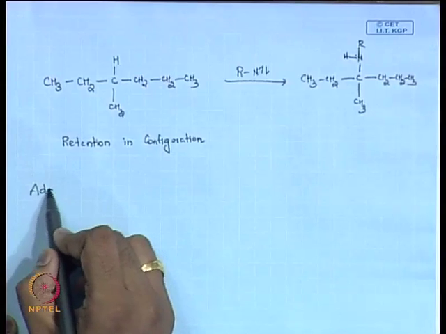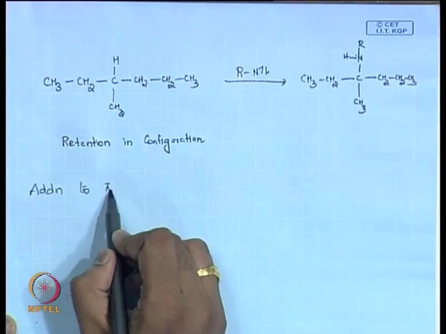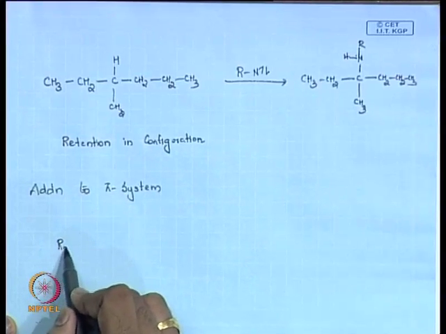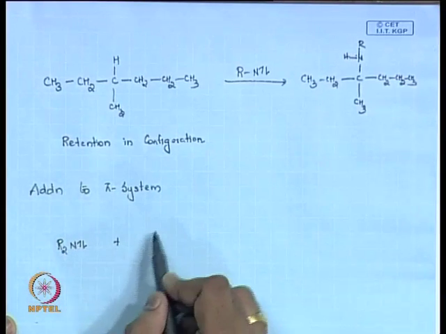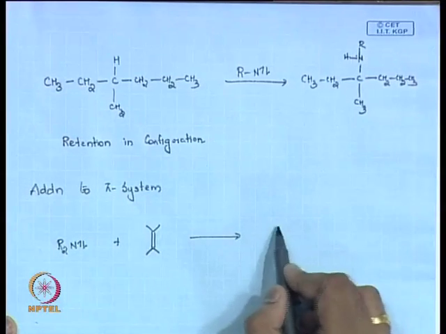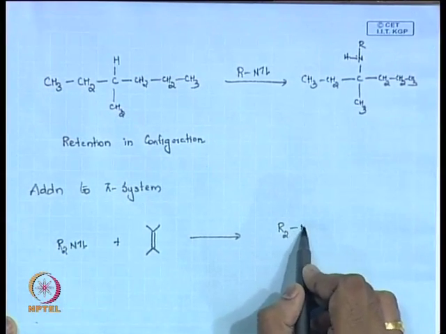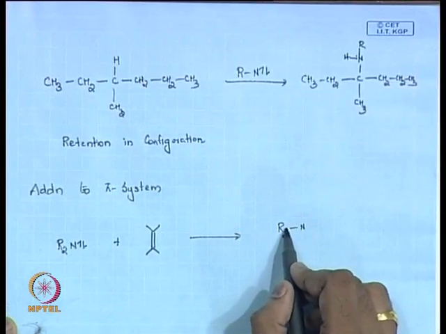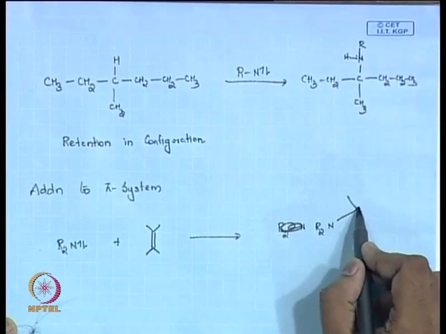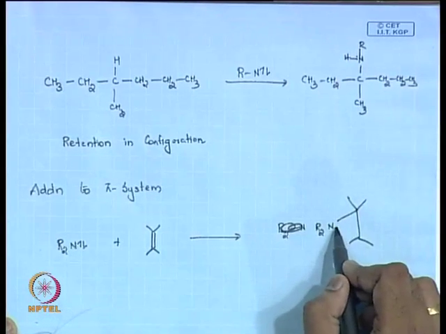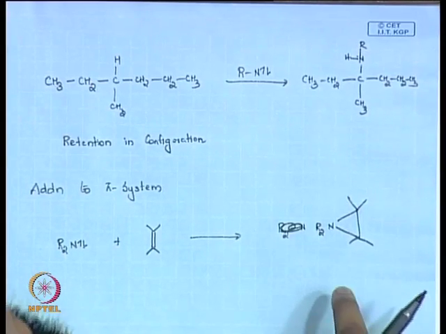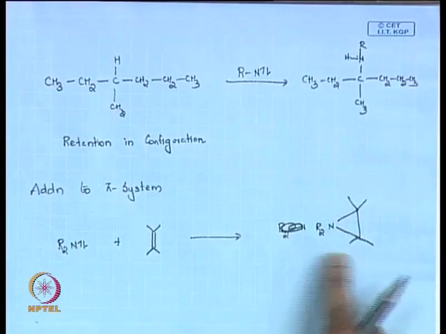Then for this part, there is nothing much to talk about. Addition to a pi system, you know that singlet will give you a stereospecific product. What is this molecule which I get now after the reaction? Aziridine, right? You know about aziridines, right?